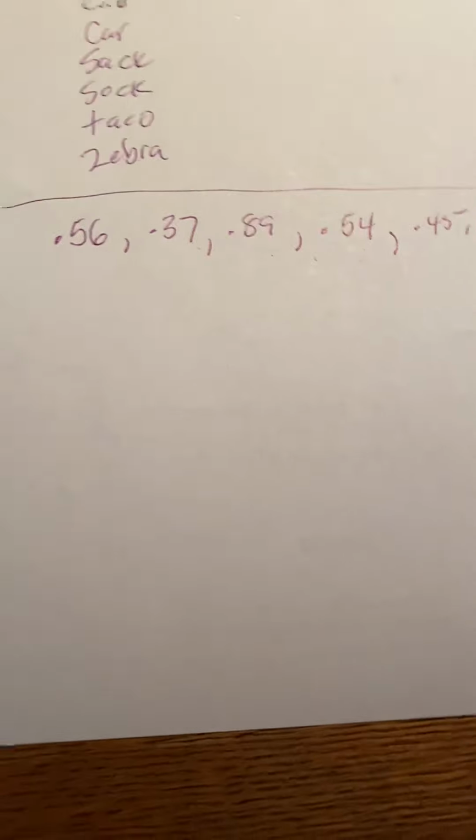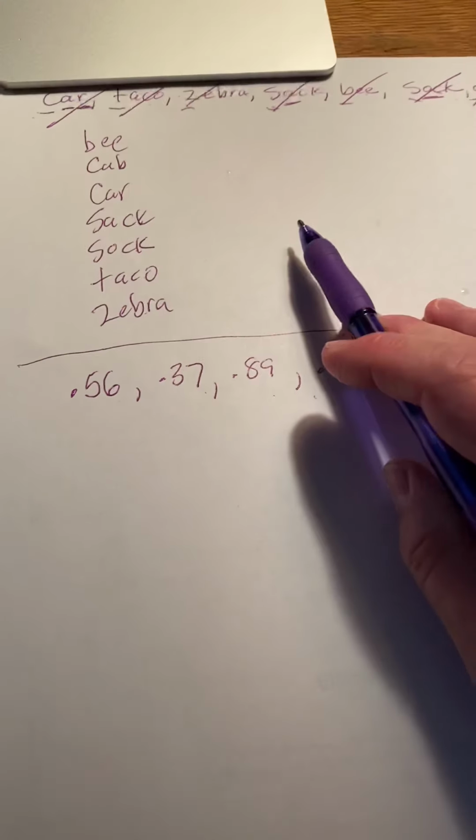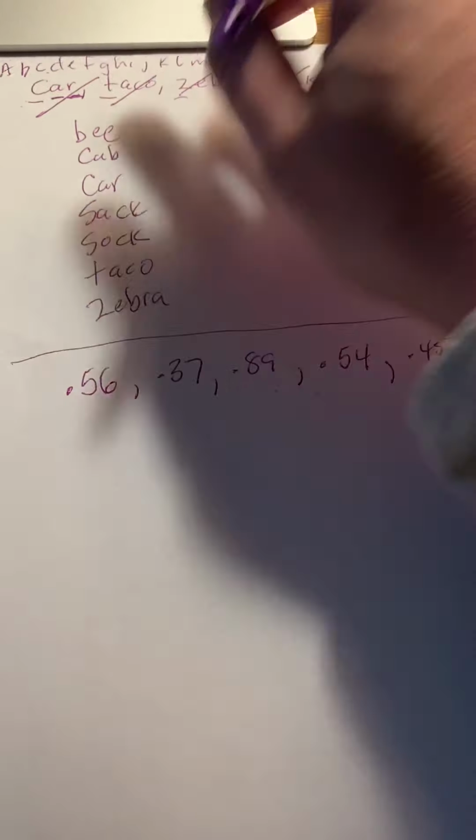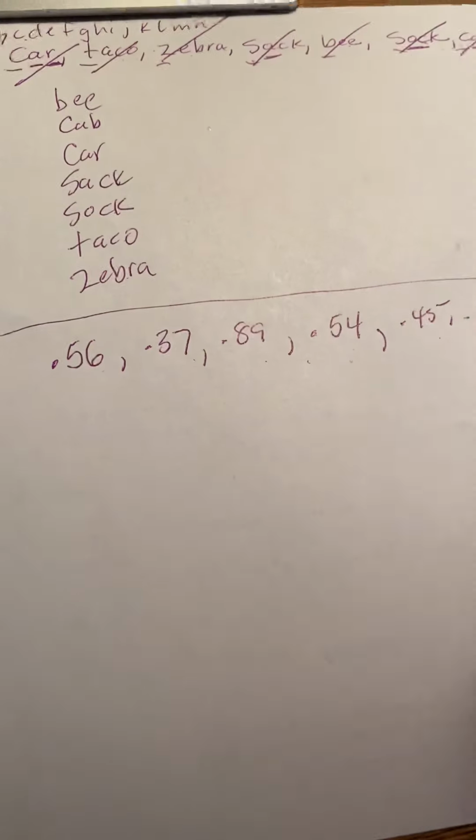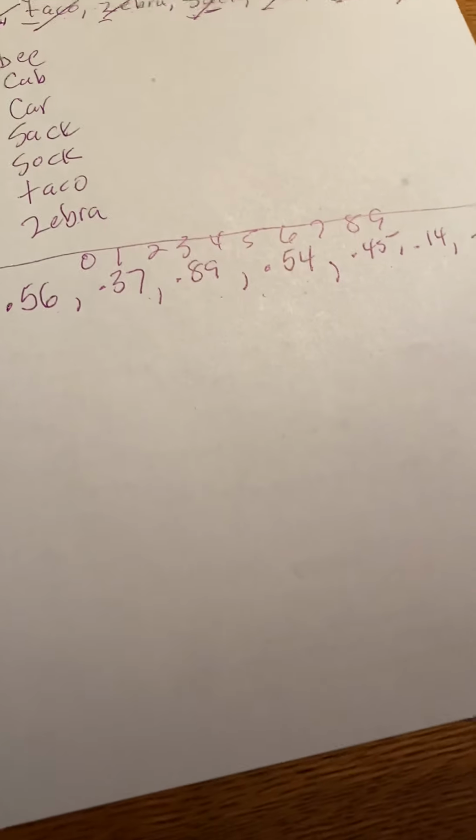So the same idea holds true for ordering decimals as we did when we did alphabetical order for words, right? Now, there's no A, B, C, D, E, F, G when I'm doing numbers, but I do have something that I can rely on, and that's my numbers, right? So 0, 1, 2, 3, 4, 5, 6, 7, 8, 9, and that should get me started.